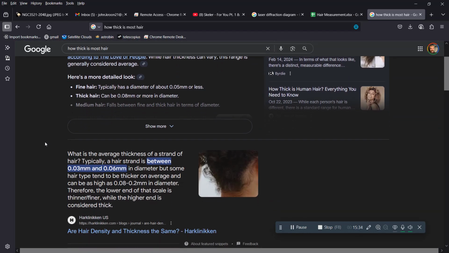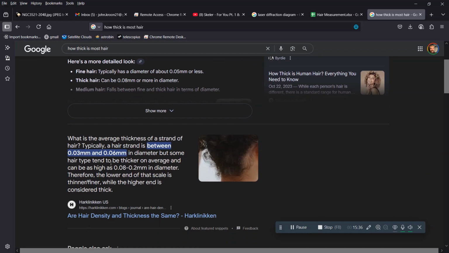And actually, I've seen, here we go, it can be anywhere from 80 to 200 microns. And this one says from 30 to 60. Yeah, so the very general range is, depending on the hair, from 80 to 200 microns.